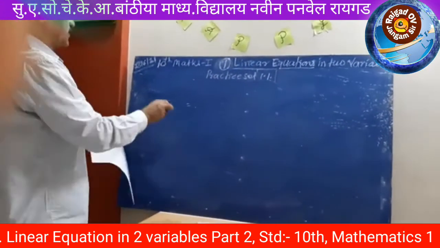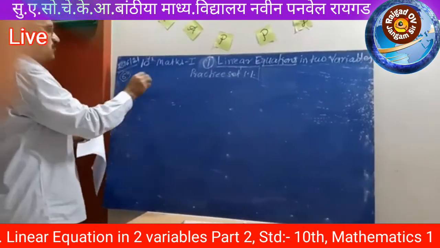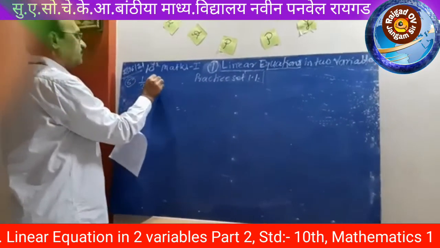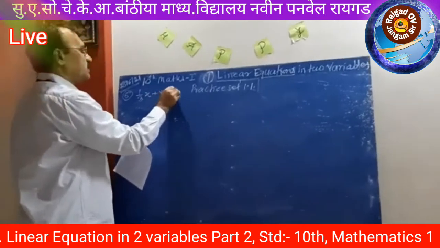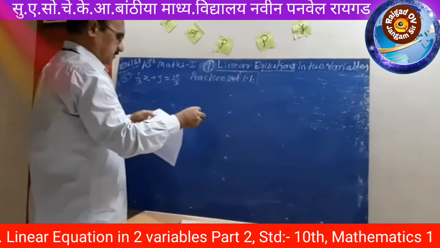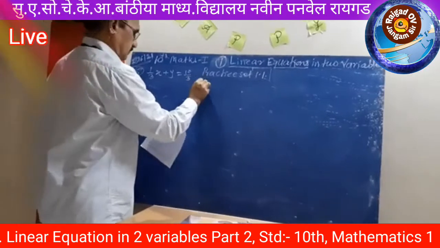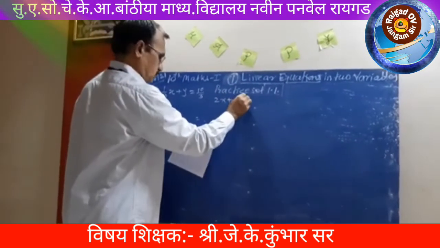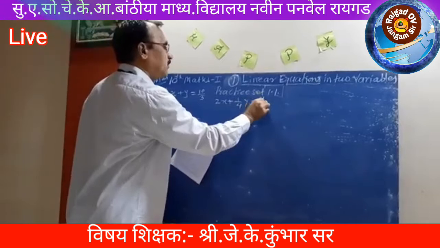Now here is example 6 from the same practice set. 1 by 3 x plus y is equal to 10 upon 3, and then 2x plus 1 by 4 into y is equal to 11 by 4.